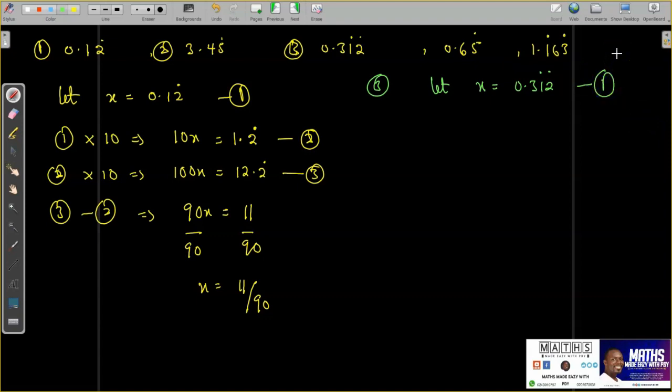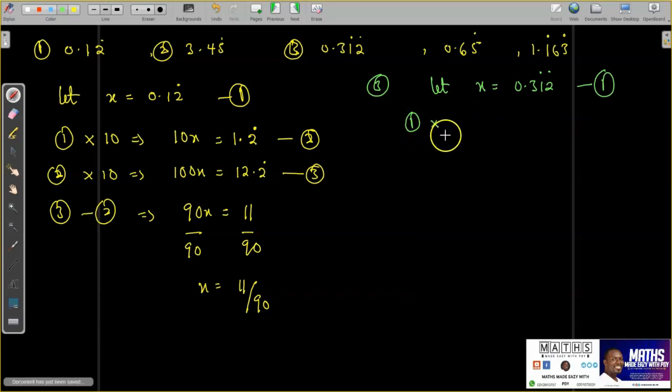Then what is the next step? What did I say you should do? Remove the 3 to join the whole number. Okay, so you have to transpose the 3 to join the whole number. Since the 3 is the only digit we are transposing, what do we need to multiply through by to move the 3? 10.